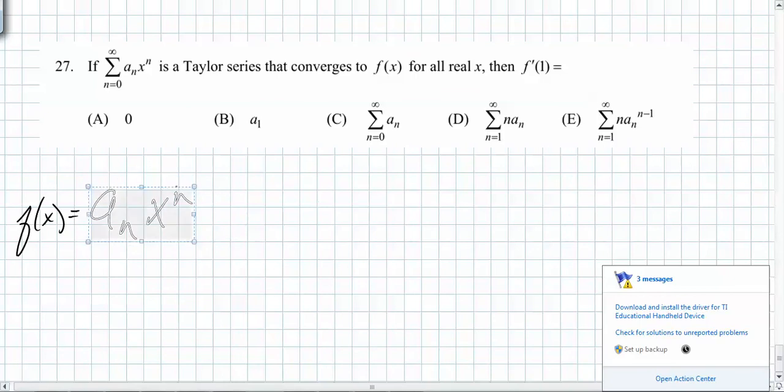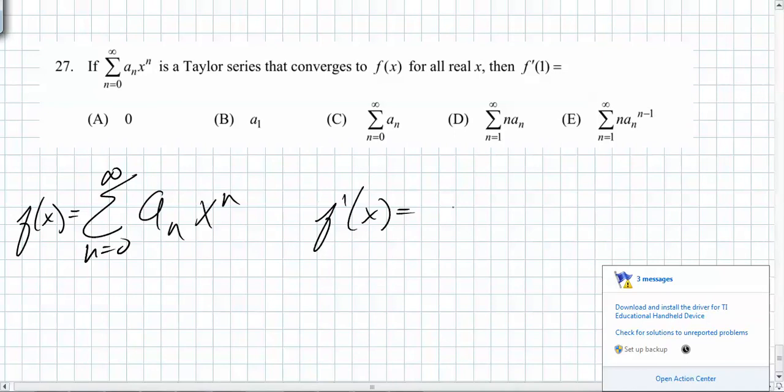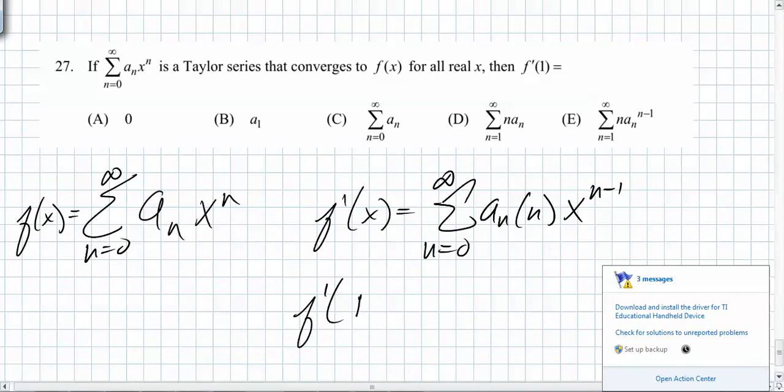That's one element of your infinite summation. You get a sub n times n times x to the n minus 1. So you end up with f prime of x is equal to the sum from n equals 0 to infinity of a sub n times n times x to the n minus 1. But is it asking you for that? No, it's asking for f prime of 1. So f prime of 1 is going to be what?